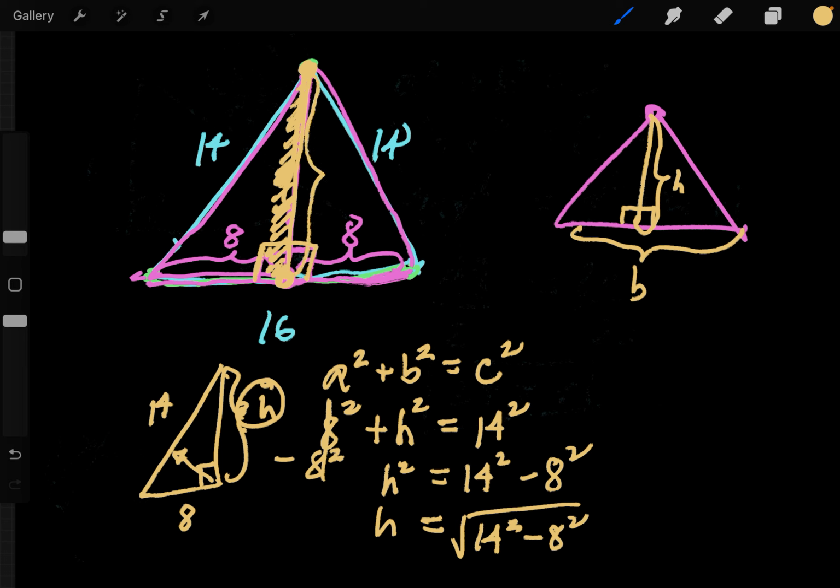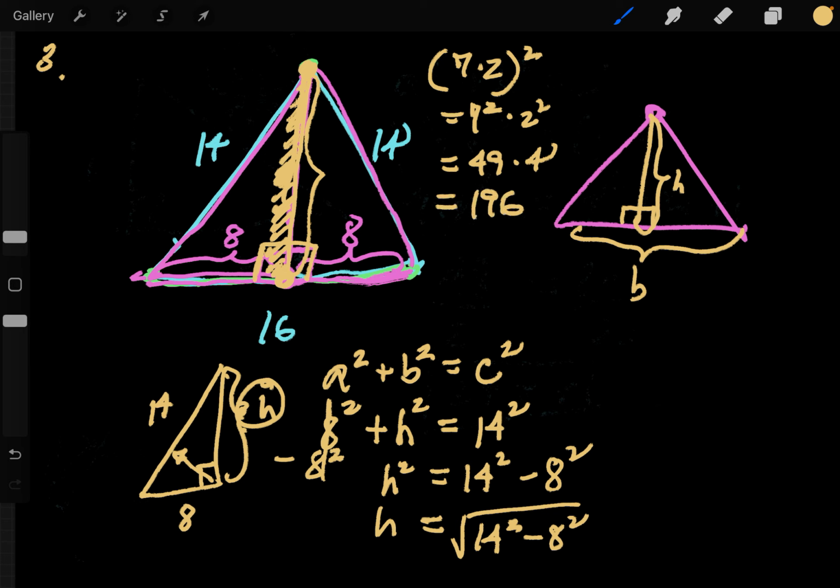So let's figure out what that is, so I can get the area of this triangle, which is what it's ultimately asking. 14 squared is 7 squared times 2 squared, which is 49 times 4, which is 50 times 4 minus 4. 50 times 4 is 200 minus 4 is 196.